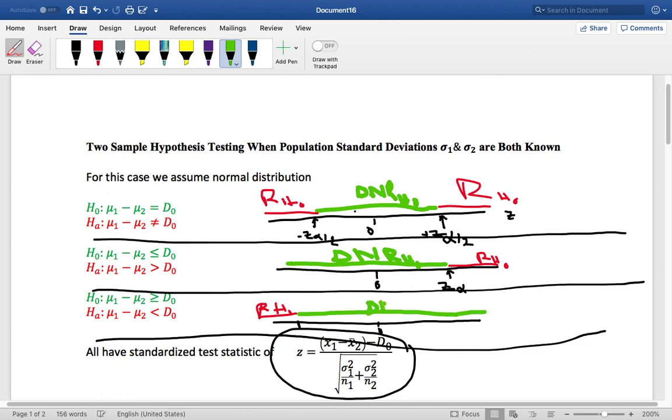Remember, the test is always done on H0, never done on H1 or HA. And that critical value in here is going to be right there, and I'll actually draw it up here. It's going to be negative z of alpha, negative because it's to the left of 0, and because it's a one-tailed test. And that's the test statistic. So in the next video, we'll do an example on this.